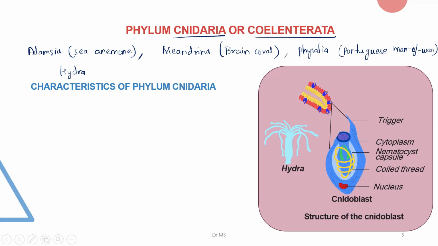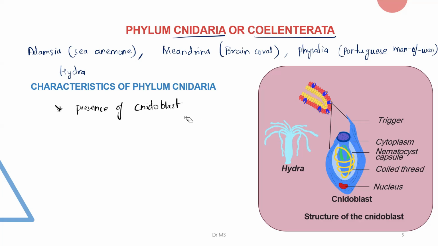So how do you characterize this phylum Cnidaria? Remember, this is very, very important. They have the presence of cnidoblasts. That's how they got their name, Cnidaria. So what is this cnidoblast?